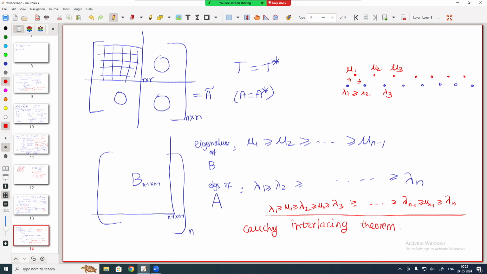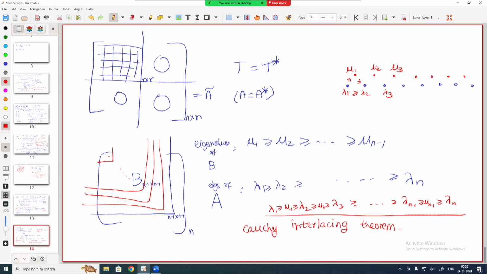Now this happens successively, meaning I can go all the way to r cross r. I delete one more row and column, one more, and so on. In fact, I can go all the way to the top till I get a 1 cross 1. So what am I generating? I have n eigenvalues for this matrix, n minus 1 in the previous, n minus 2 in the previous, and so on until I finally get down to a single eigenvalue. That configuration can be arranged in a similar form.